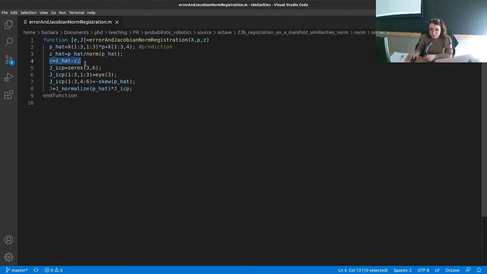And having done this, we can compute the Jacobian by applying again the chain rule.